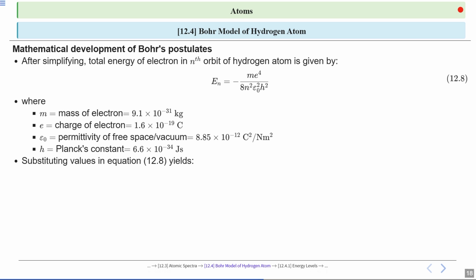Now let's substitute all values into our energy equation. By plugging in the numbers, we can see exactly how the energy depends on the orbit number n.